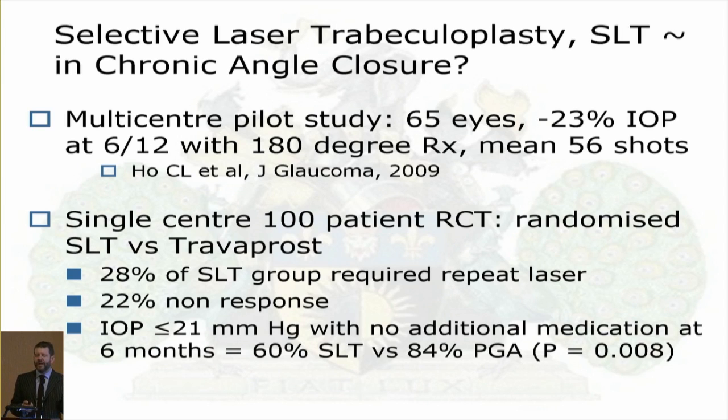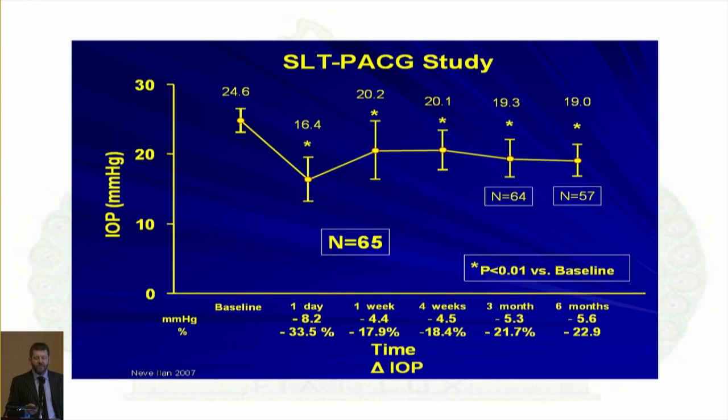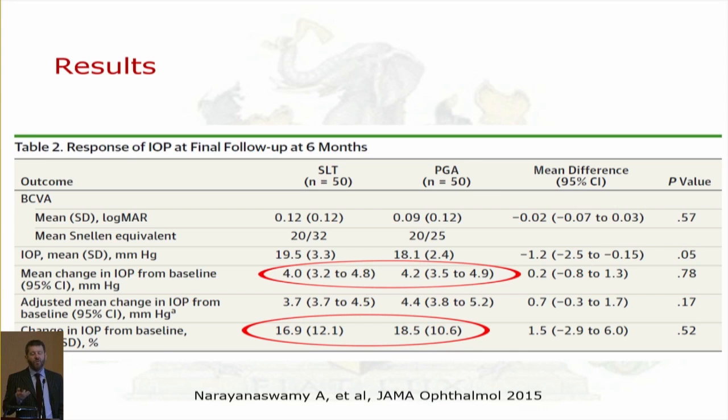But for selective laser trabeculoplasty, which is less inflammatory, I think it's very interesting that there does seem to be a role. Originally, there was just a pilot study that suggested that it was safe. What's interesting now is that there are randomized controlled trials comparing significant numbers of patients with a prostaglandin analog. And again, a study from the Far East showed that there were significant rates of reduced intraocular pressure with SLT.